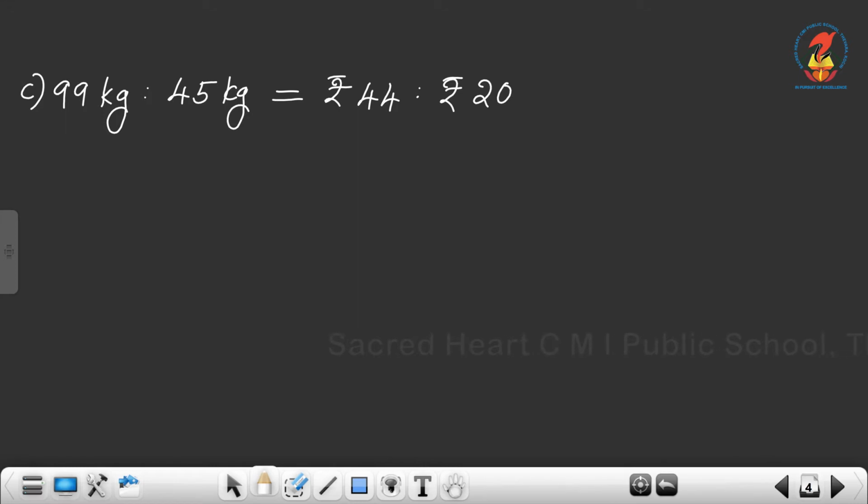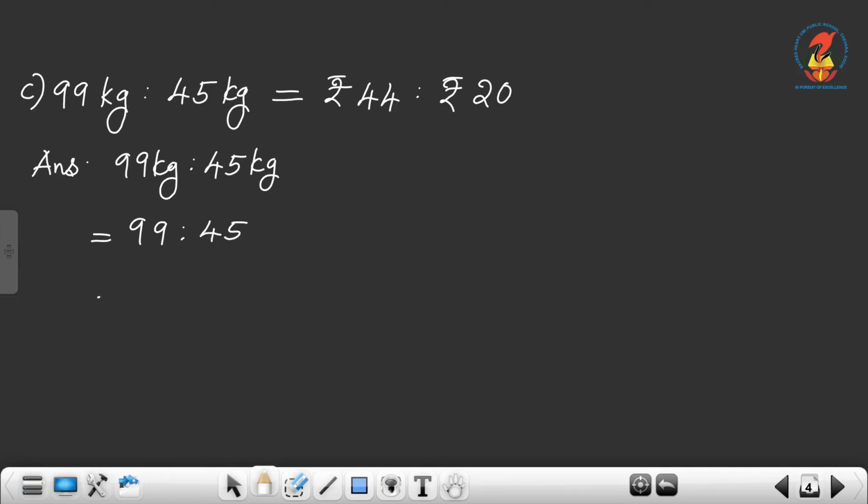Now, next one, 99 kilogram is to 45 kilogram equal to rupees 44 is to rupees 20. Now, consider the first ratio. 99 kilogram is to 45 kilogram, we can write as 99 is to 45, then 99 by 45.